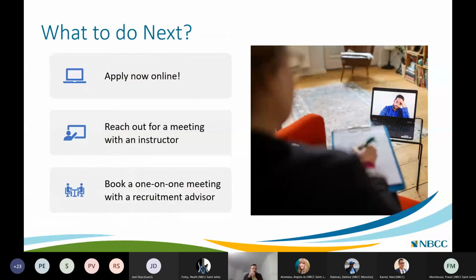Next slide is, so what to do next now that you've heard everybody's story, what everybody has to offer here. You can basically take these three options. You could apply now if you haven't already, if one of these courses interests you, and hopefully get into one of these courses. You can reach out with one of the instructors if you'd like to have a meeting or maybe just a conversation back and forth.